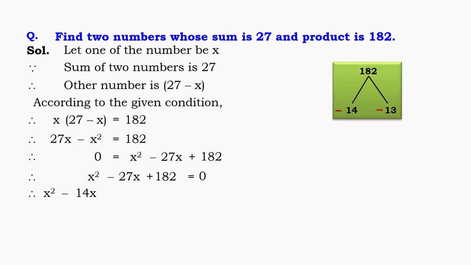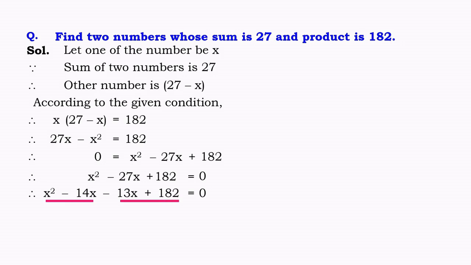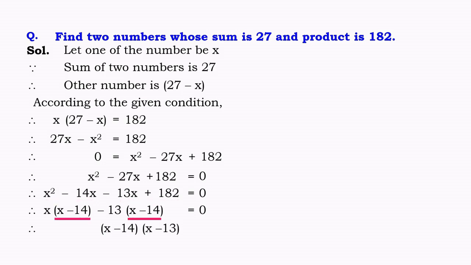So, we split the middle term as x squared minus 14x minus 13x plus 182 equals 0. Taking common factors, we get x multiplied by x minus 14 minus 13 multiplied by x minus 14 equals 0.